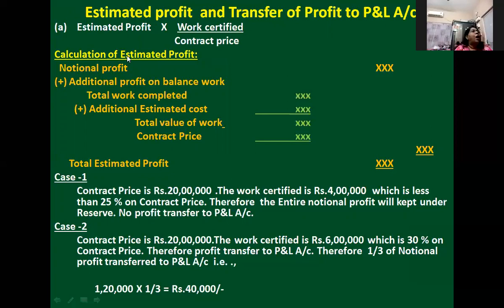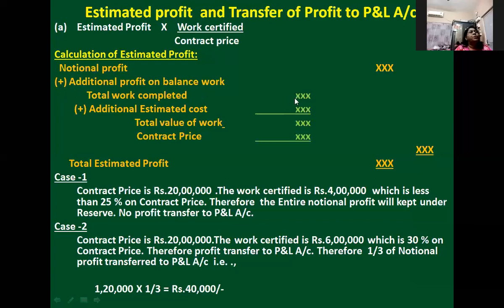So, how to calculate this estimated profit? Look at this small format. Check the notional profit as per the contract account. And with this, you need to add the additional profit on balance work. How will I calculate the additional profit on balance work? Look at this.